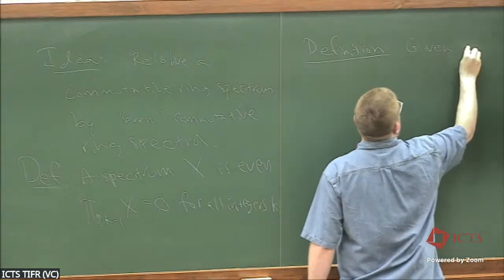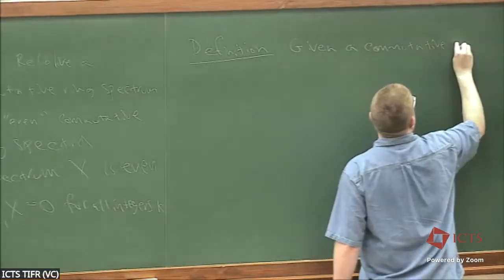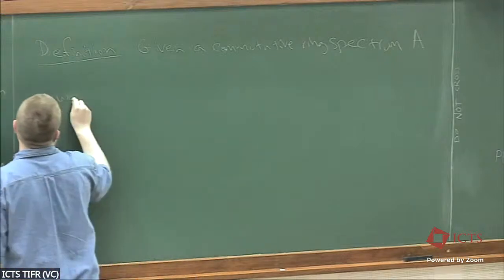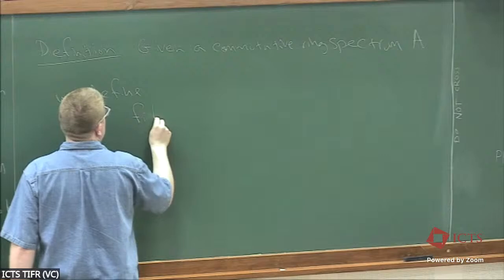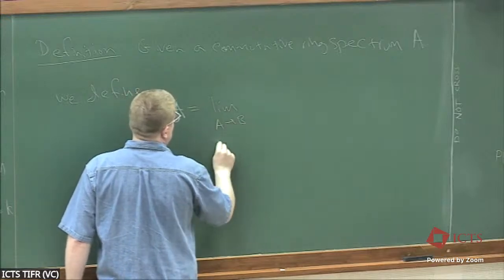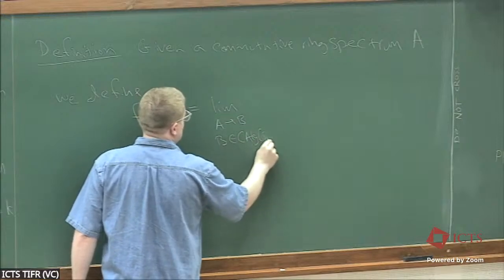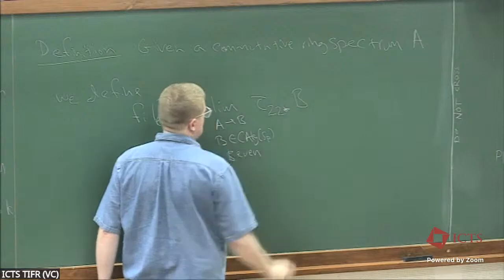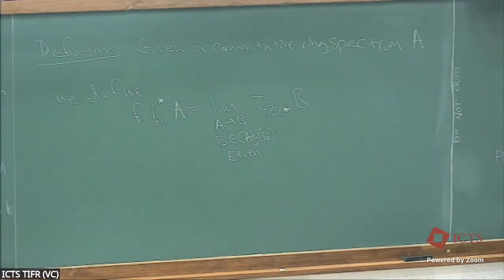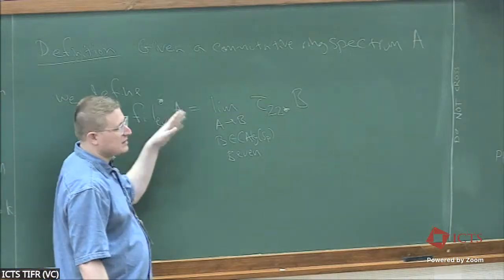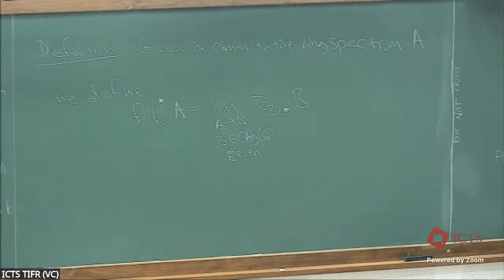So given a commutative ring spectrum A, we define the even filtration of A to be the limit over all maps from A to B, where B is a commutative ring spectrum and B is even, and then we apply this double speed Whitehead tower to B. So this is some filtration on A. I won't really discuss this, but you actually need some hypotheses to make sure that it actually converges to A and things like that. But in the cases we will look at, it will be the case.